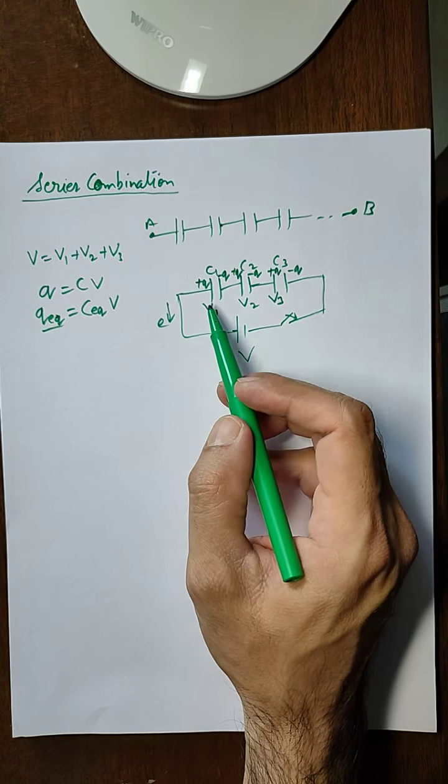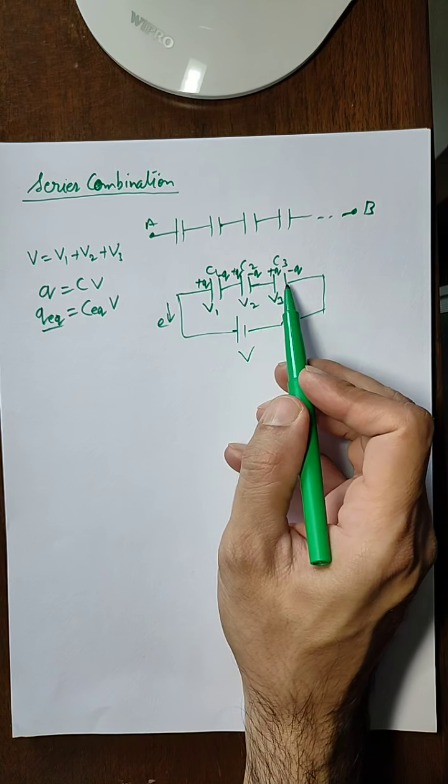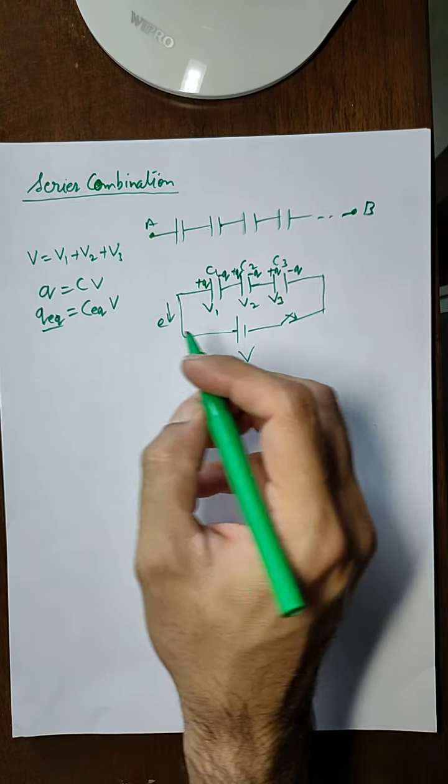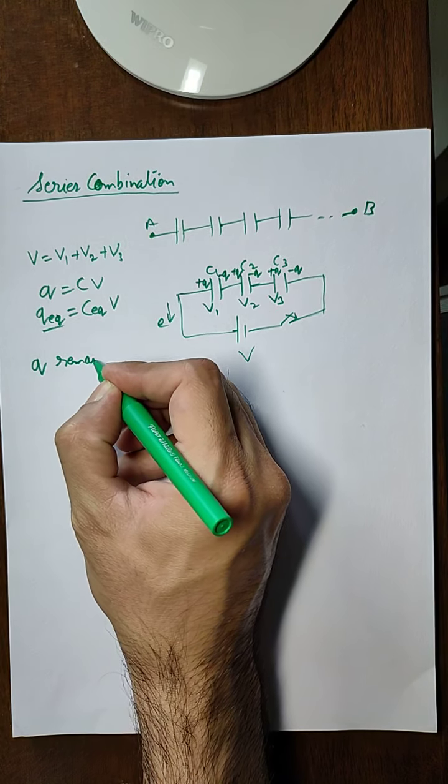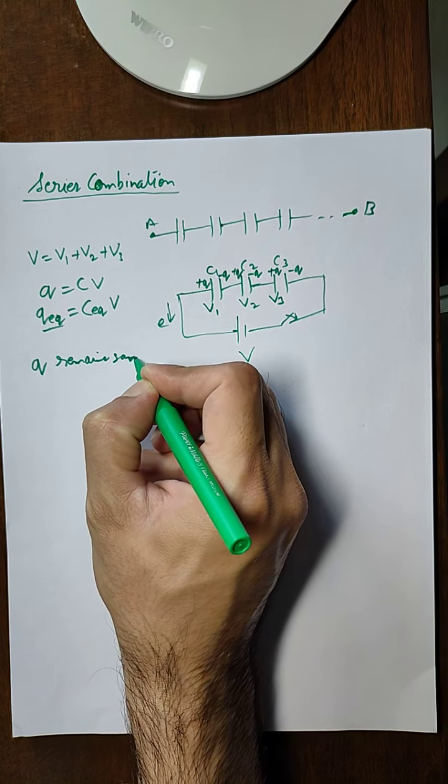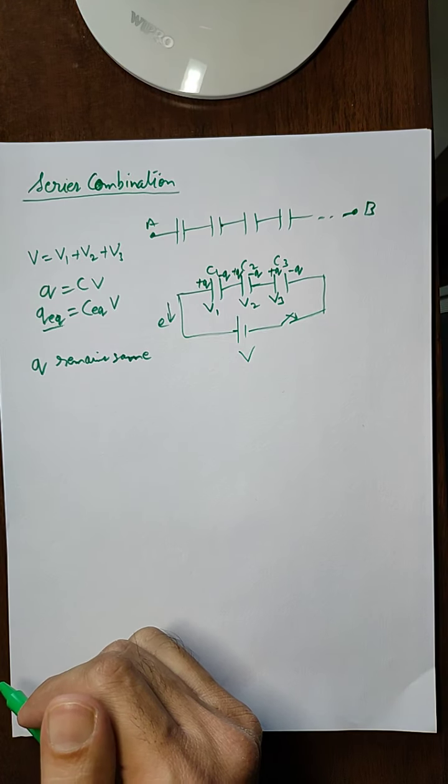So here you can see that the charge on each capacitor is the same. The charge remains the same in a series combination.